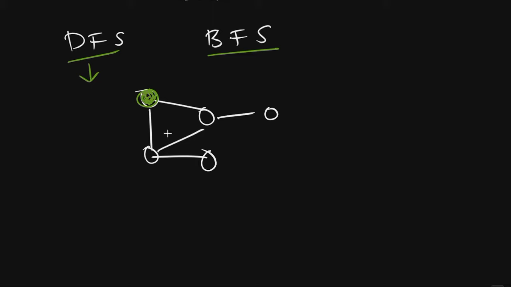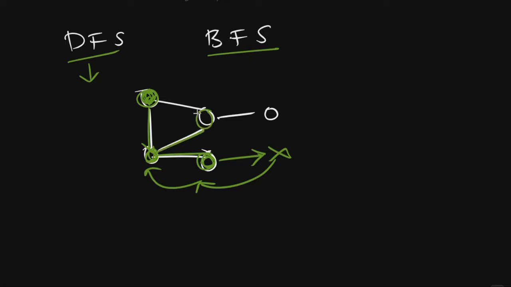I would go to any of its children. I came here, I will traverse this, then go to another node, traverse this, and try to go to its child, but there is no child. So what would happen? I will revert back. Here I will try to search the other child of this node.